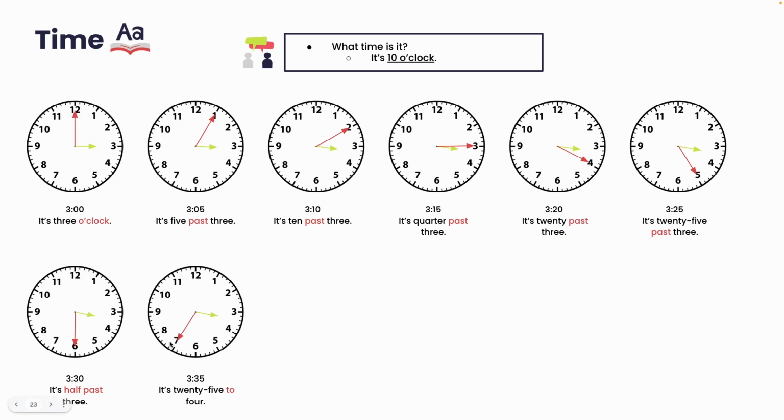So it's 25 more minutes that needs to pass until we get the next full hour. Okay? So it's 25 minutes to the next one, which is 4. It's 25 to 4. Okay?